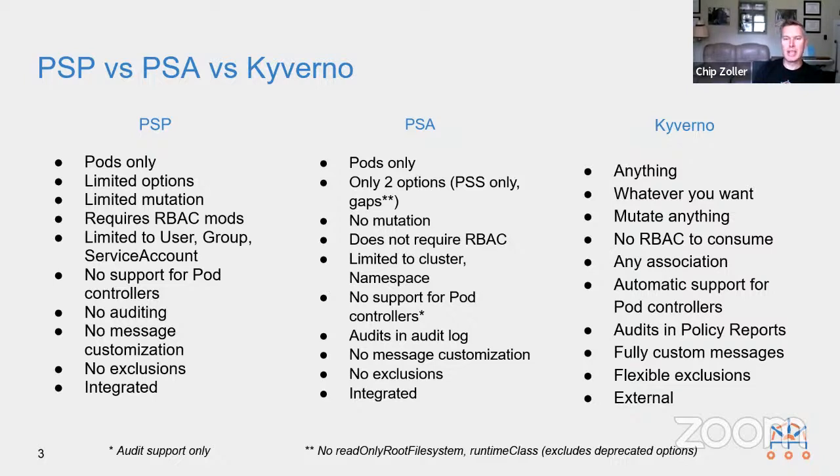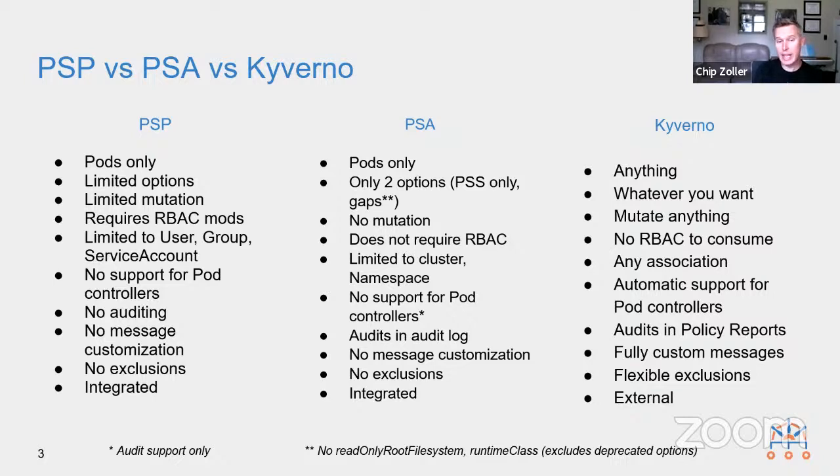Kyverno handles making sure that that gets enforced equally for pod controllers. So if that's in enforce mode, you create that same deployment that gets allowed by pod security policy or PSA, Kyverno is going to block that and tell you, no, the deployment shall not pass. It's because there's a policy that's in place. And so you never get to the point where deployments are allowed, replica sets are allowed, but pods are blocked. Kyverno will block it at the source and let you know immediately.